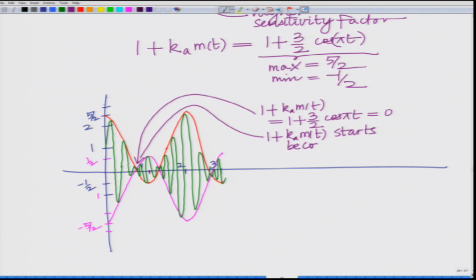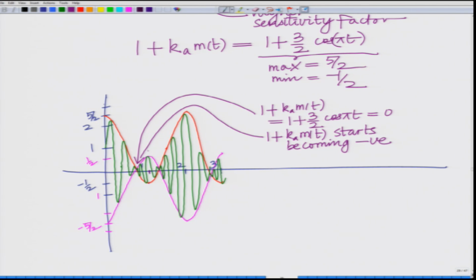At this point it starts to go negative, that is 1 plus k m(t) starts becoming negative, correct. So, the envelope starts to become negative. So, there is a phase reversal in the envelope, correct.